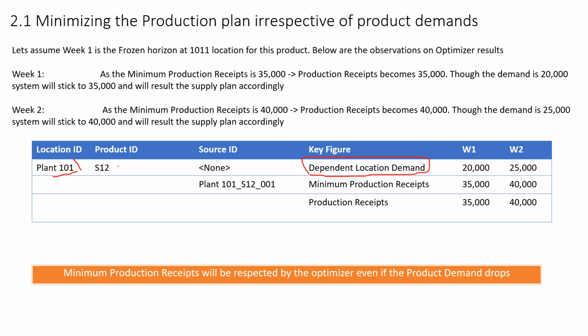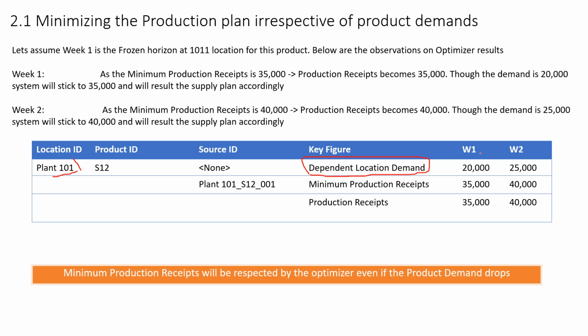The warehouses push demand based on the customers they are connected to. If all three warehouses are connected to Amazon, which has some big demand, you run the supply planning, and that Amazon demand will be pushed onto the warehouses, and the warehouses will further push that demand onto the plants. That dependent demand you will see in this key figure called dependent location demand.